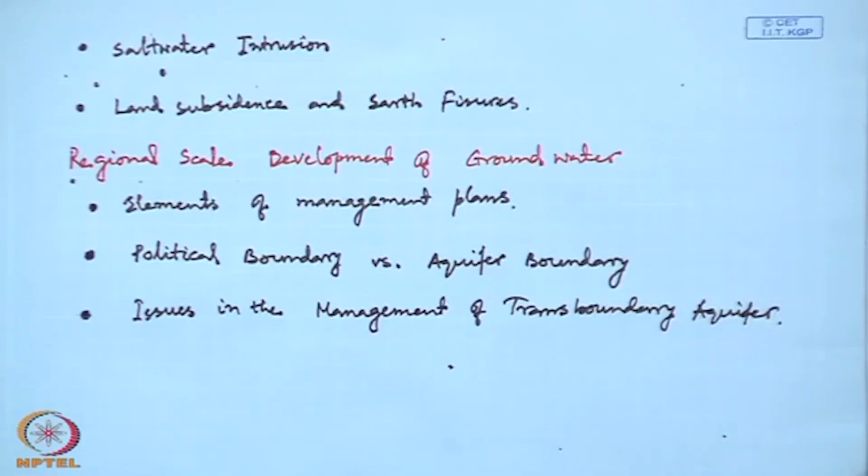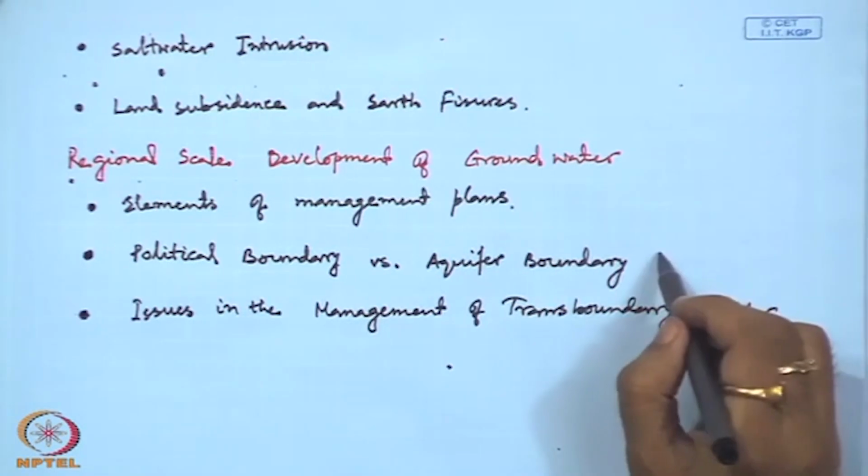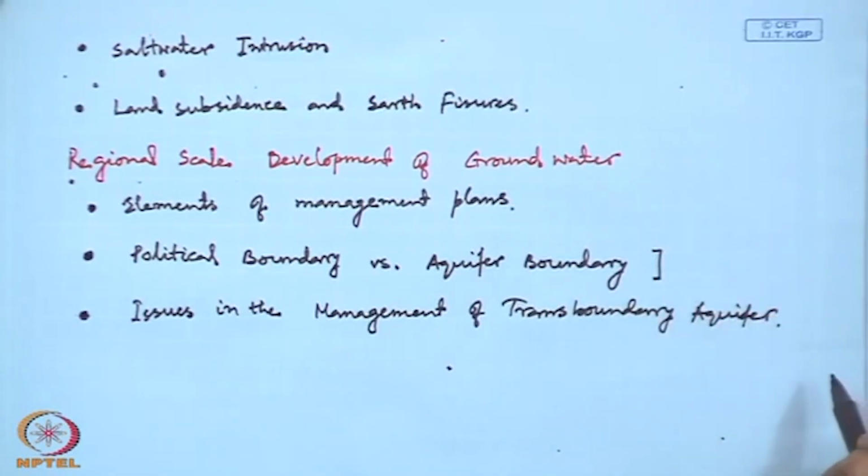So, transboundary groundwater refers to continuous groundwater reservoir, and it is shared by two or more political jurisdictions. So, here fixing boundary condition is important.